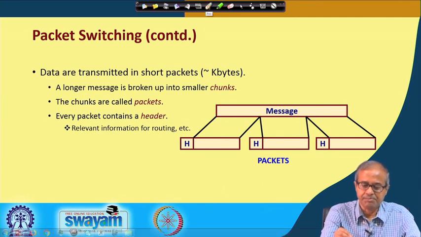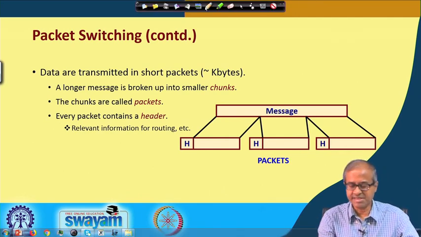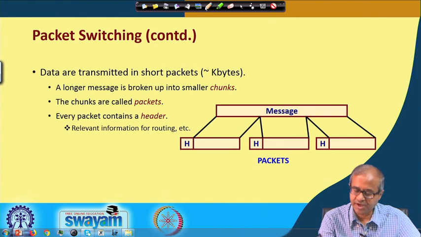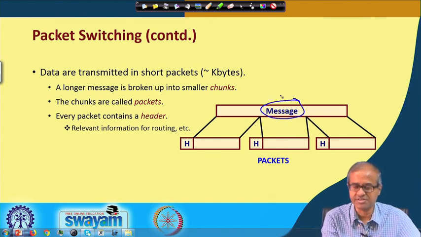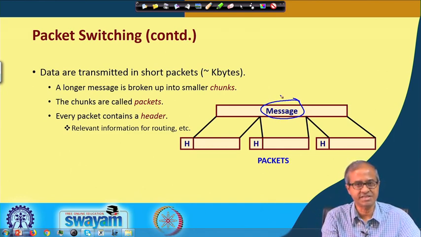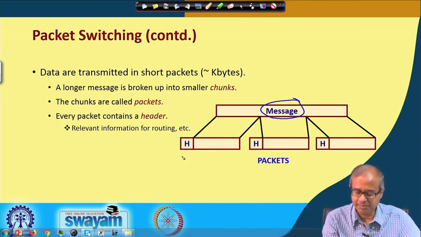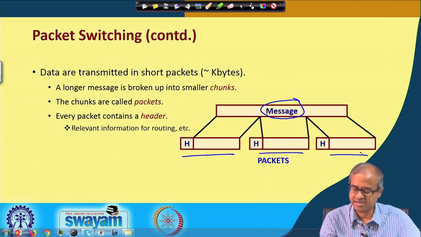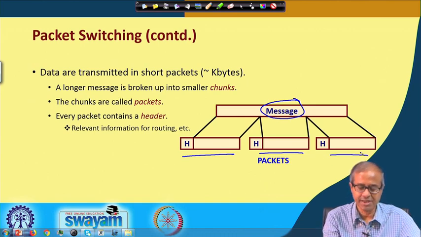Now, in packet switching, the essential idea is that when you are trying to send a message, suppose here we have a message that you want to send. First step, the message is broken up into smaller pieces or chunks which are called packets. These are my packets 1, 2 and 3. There are 3 packets. Okay?